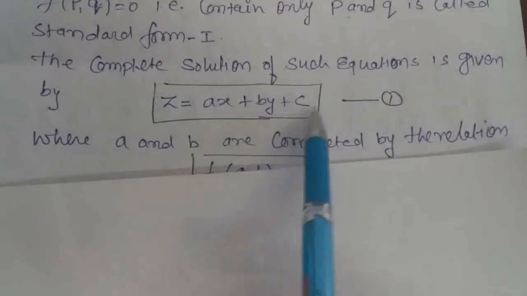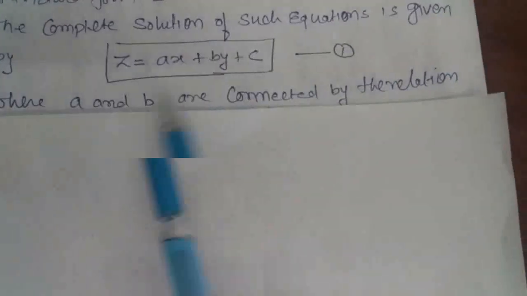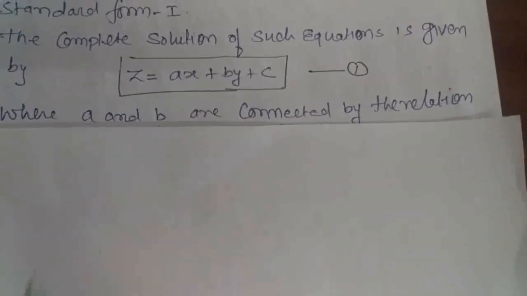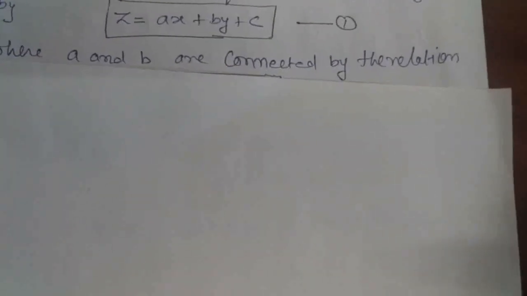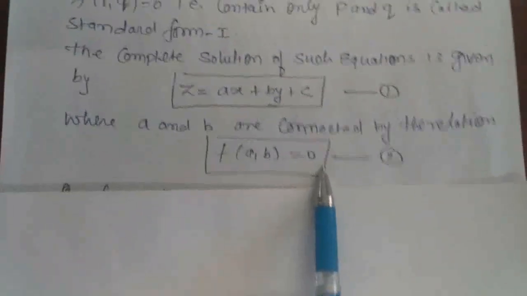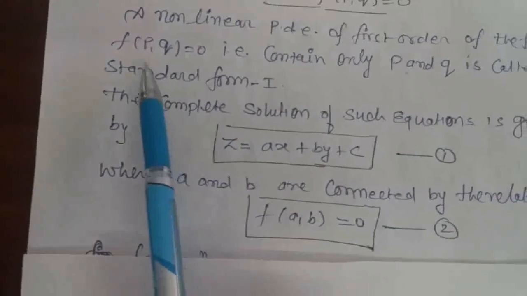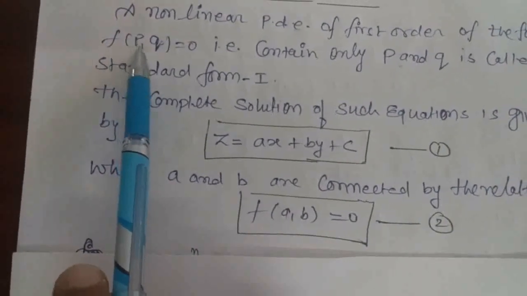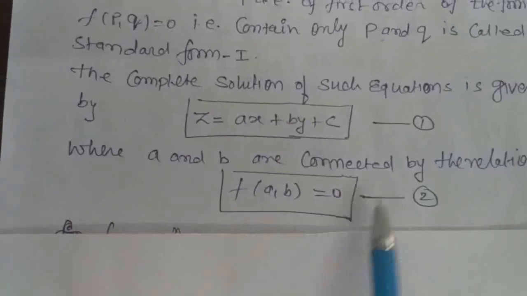This is the complete integral of standard form first, where a, b, c are arbitrary constants, and the constants a and b are connected by a relation given by f(a, b) = 0. That is, the relation between a and b can be obtained by putting p equal to a and q equal to b in the given equation.